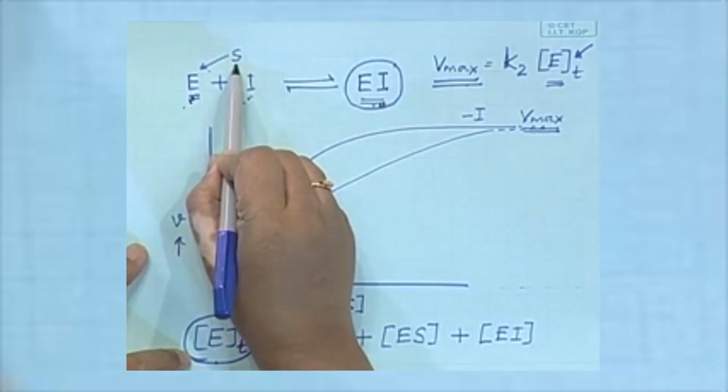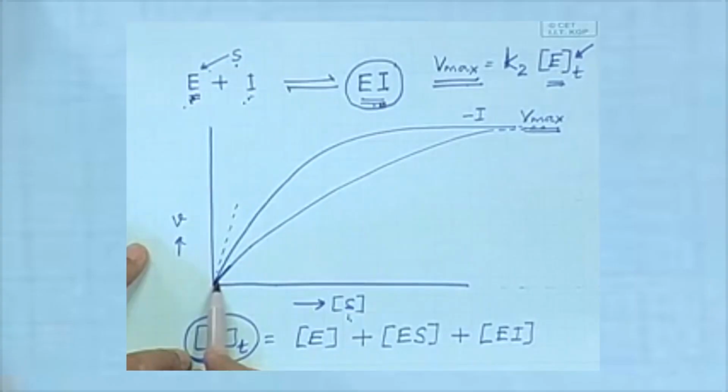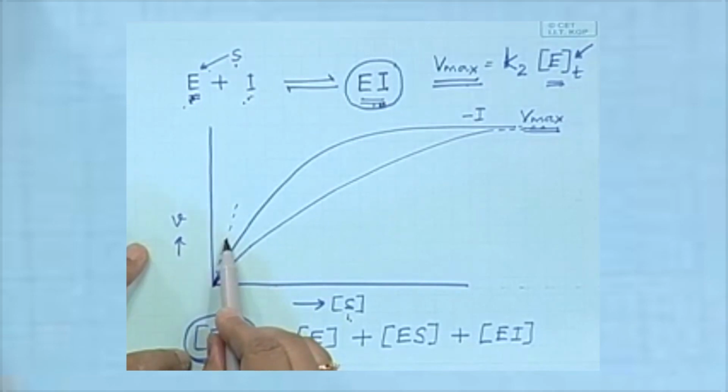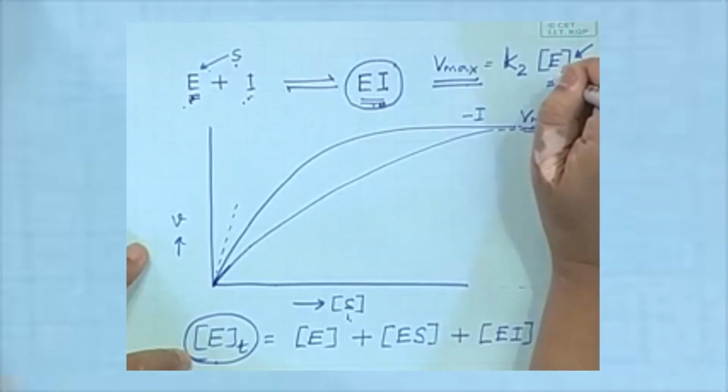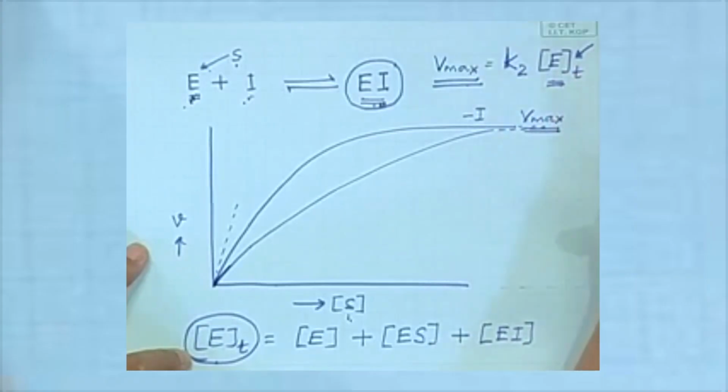So in competitive inhibition, when my inhibitor is competing for the same site as the substrate, the initial velocity with the inhibitor is going to be less than the initial velocity without the inhibitor. My Vmax is going to be exactly the same because the total enzyme available is the same.